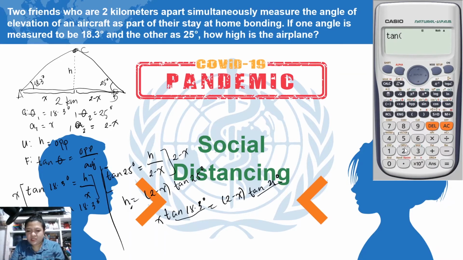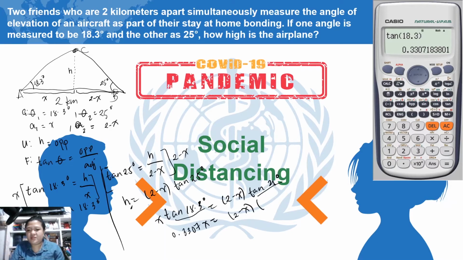So tangent 18.3 is 0.33071833801. I-round off natin para mas maayos sa 4 decimal places kasi baka magkaroon tayo ng malaking difference. So ito ay 0.3307x. Ito naman ay 2 minus x times tangent 25.